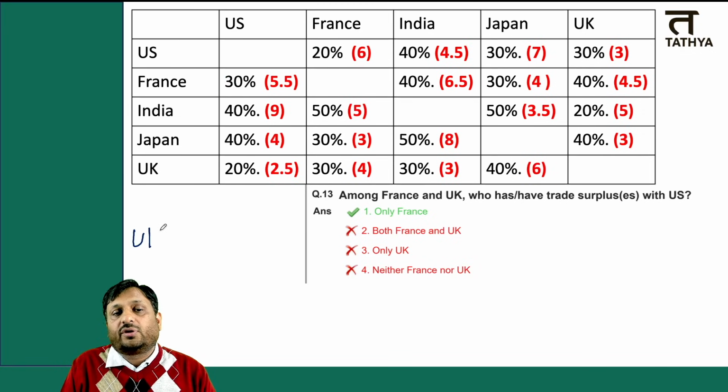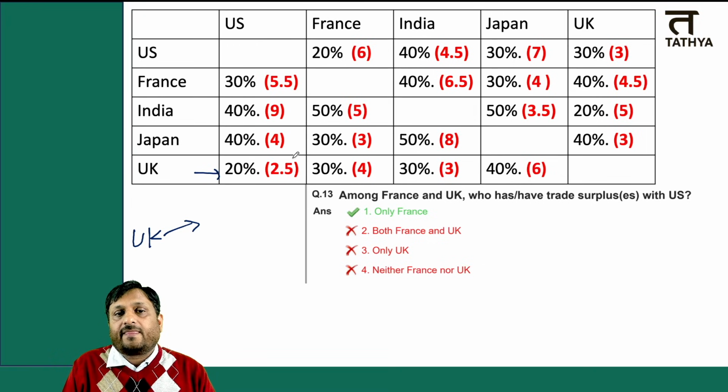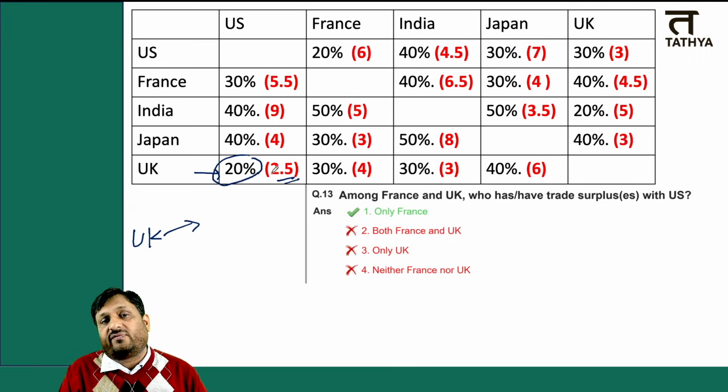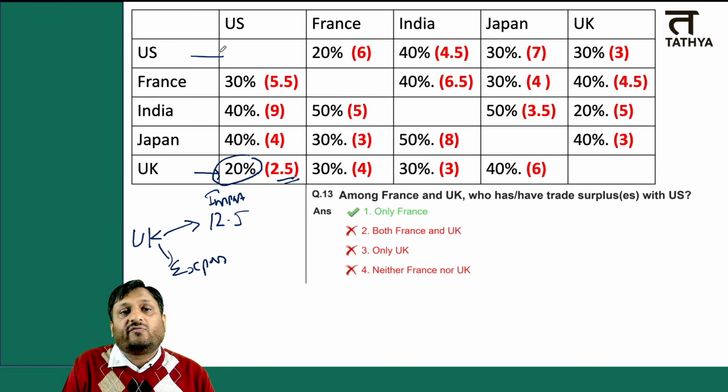So, how much is the UK importing from US? The UK is charging 20% tariff, 1/5 of our total import, which is $2.5 billion. So, 1/5 of the total is 2.5, the total should be 12.5. So, this is what the UK is importing. And how much is the UK exporting to US? It means the US is importing from UK.